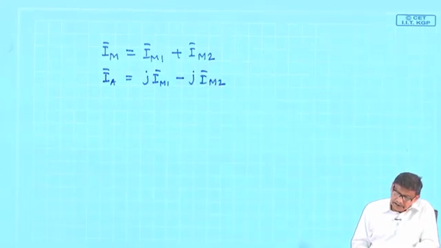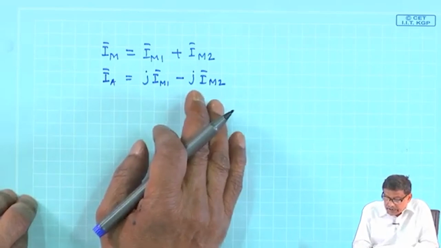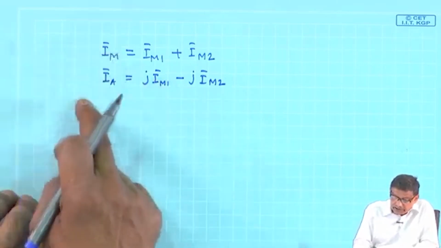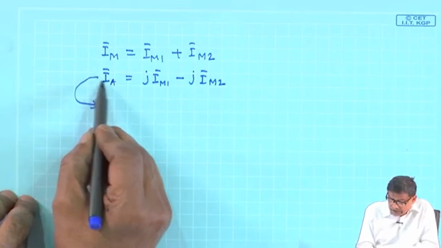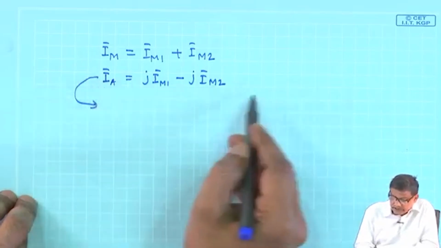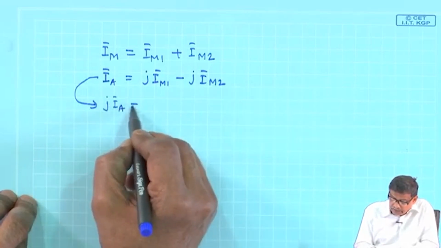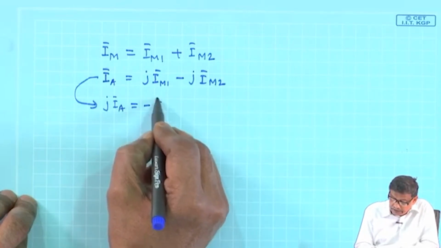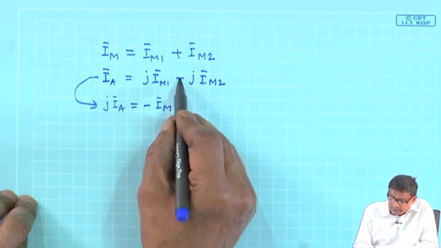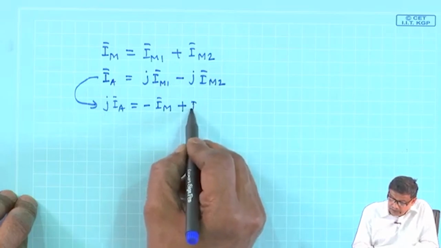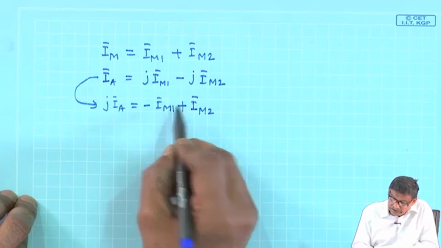Let us try to express I M1 and I M2 in terms of I M and I A. So, you multiply this equation with J. It will be J I bar A is equal to minus I bar M1, and this will become plus I bar M2, since J times J is minus 1.